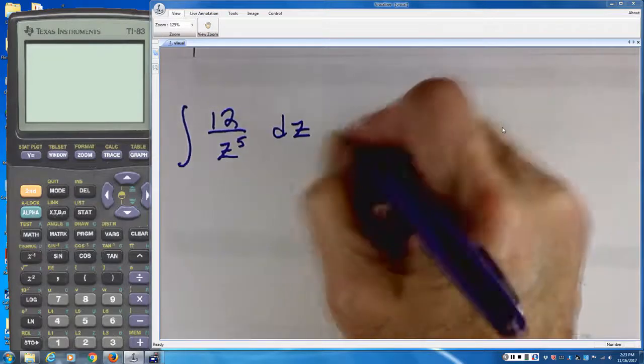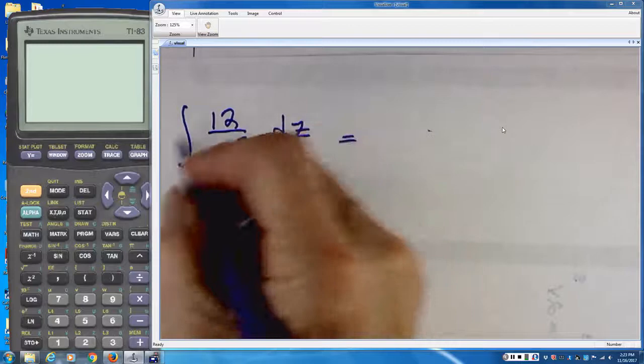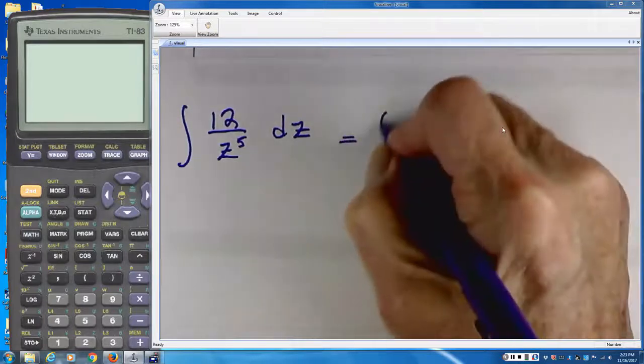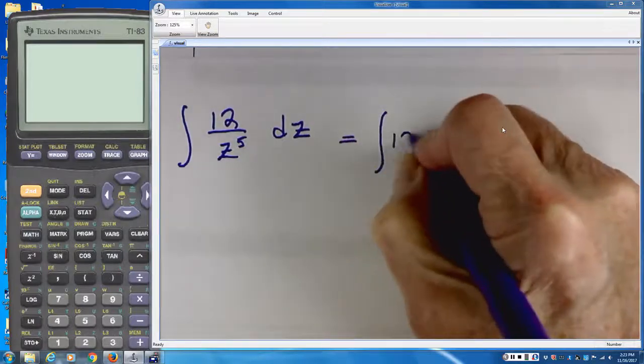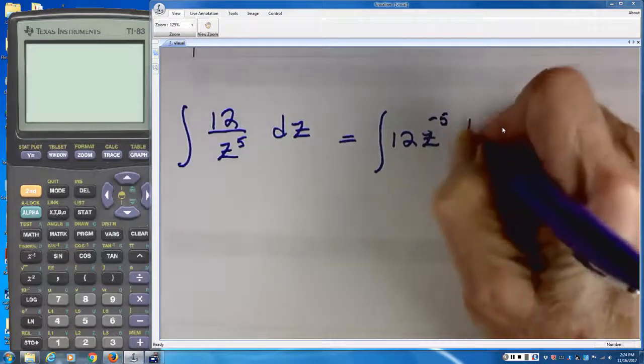So our rules say this is exactly the same as 12, and that's 1 over z to the 5th, so that's the same integral as 12 z to the negative 5 dz.